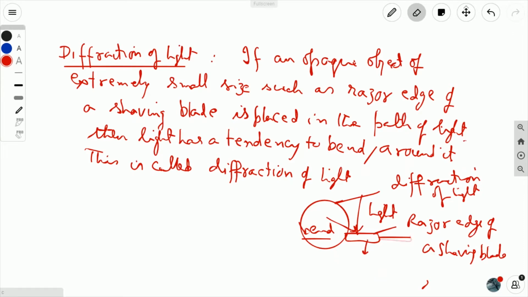If an opaque object of extremely small size, such as the razor edge of a shaving blade, is placed in the path of light, then the light has a tendency to bend around it. After striking it, the light will bend around it, and this is called the diffraction of light. Very simple, students.